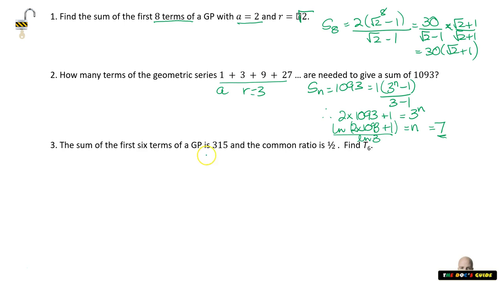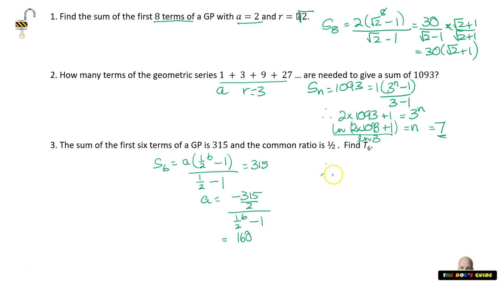Okay, number 3, the sum of the first 6 terms is that, and the common ratio is a half. Find the 6th term. So if we plug into our formula for the sum of the first 6 terms, we can see that a is the only unknown, so we set about solving this equation. So that will give us that a is 315 times negative a half, so minus 315 on 2, and then that's going to be divided by a half to the 6th minus 1, which gives us a value of a of 160.